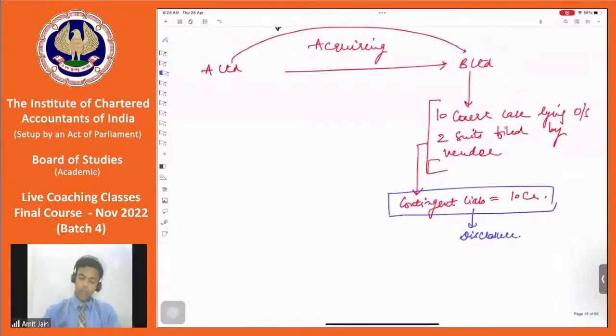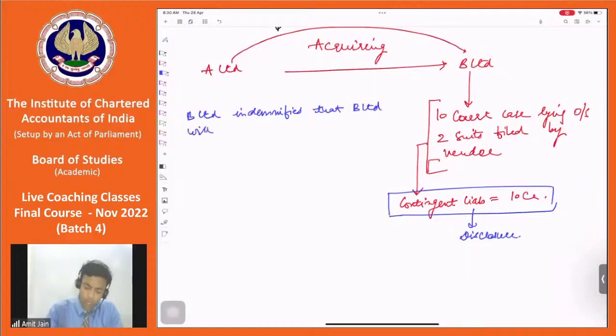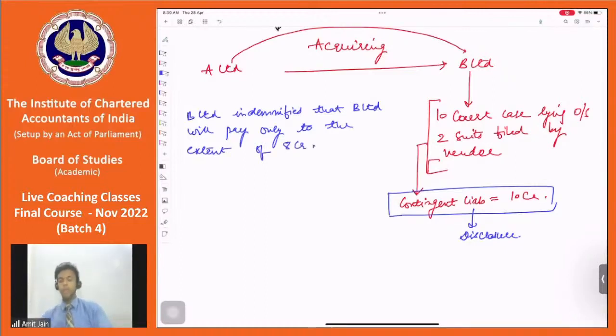Right? Now in this transaction, B Limited indemnifies that B Limited will pay only to the extent of 8 crore rupees. Right?